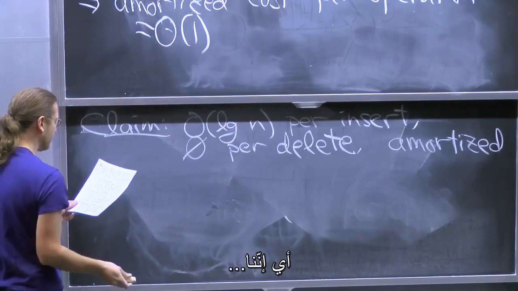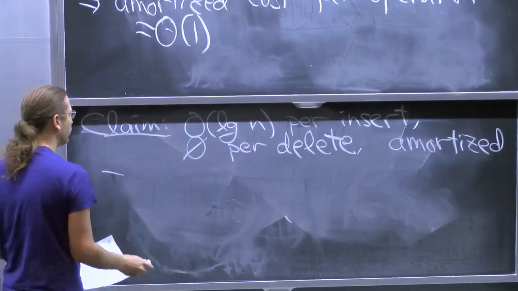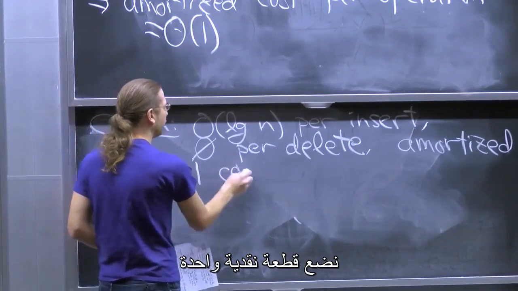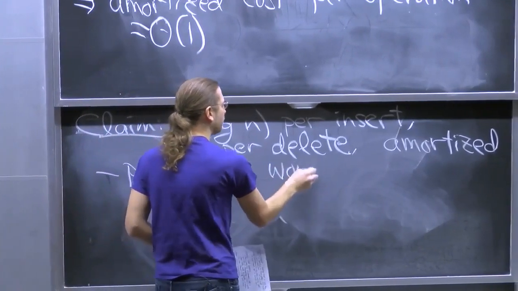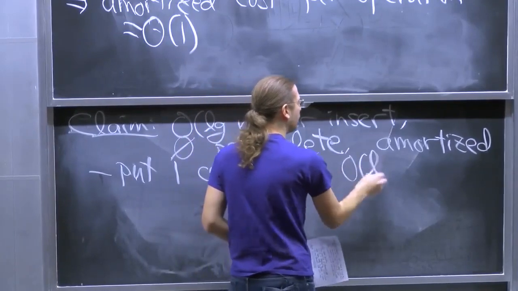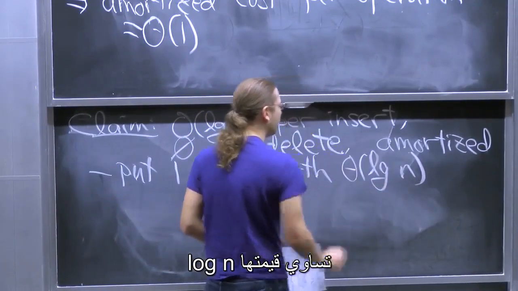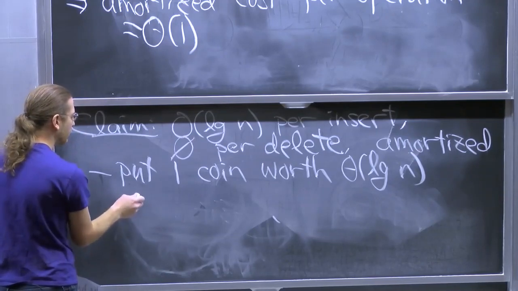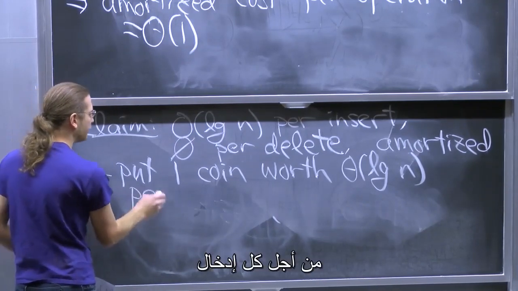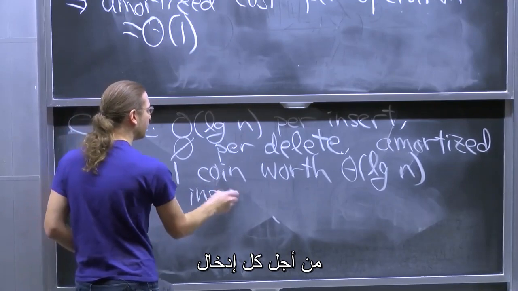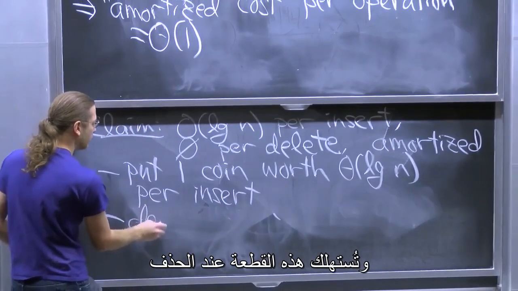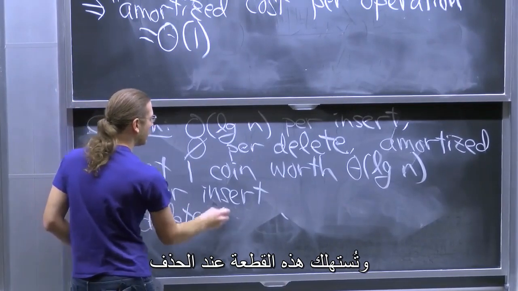So we'd like to say, OK, let me put one coin worth log n for each insertion. And when I delete, I consume the coin.